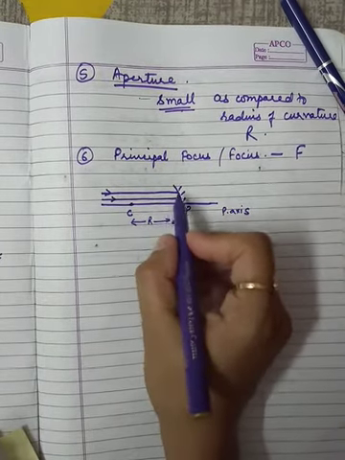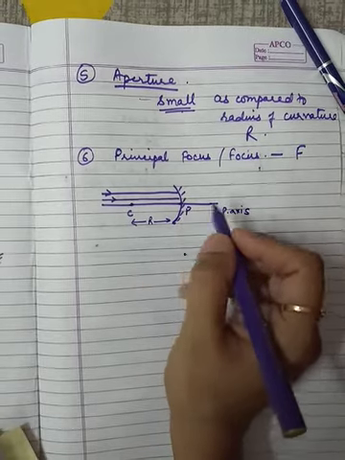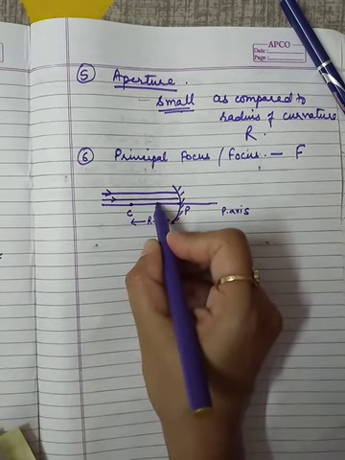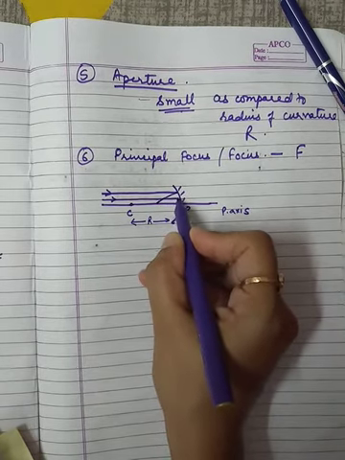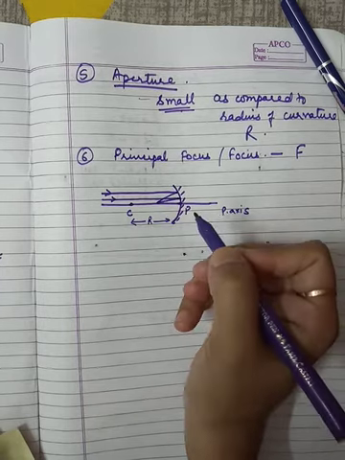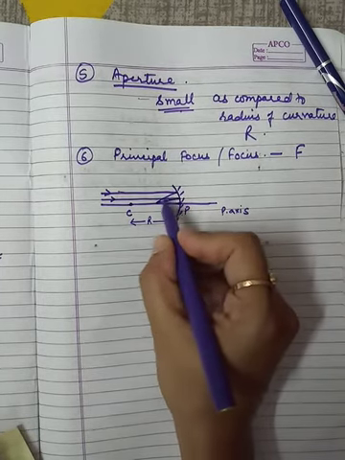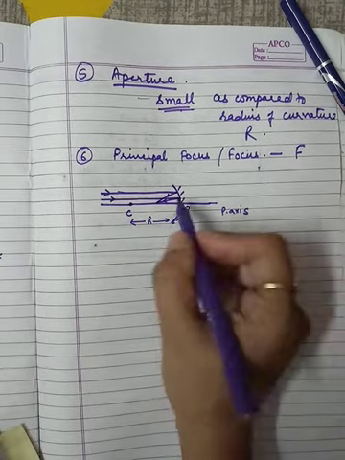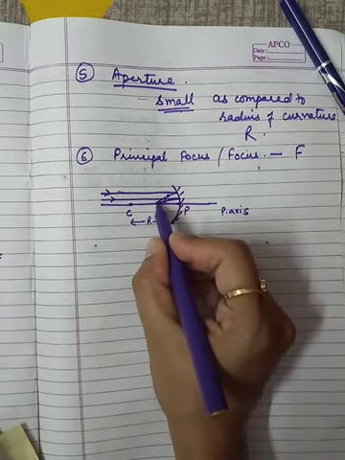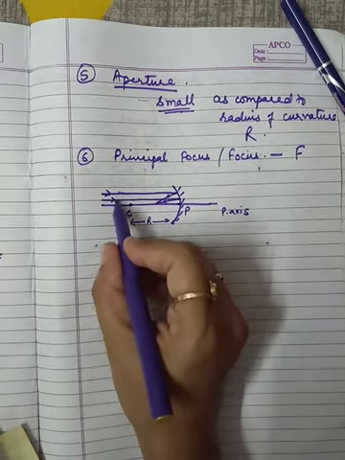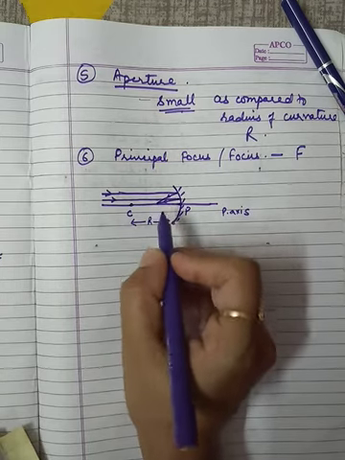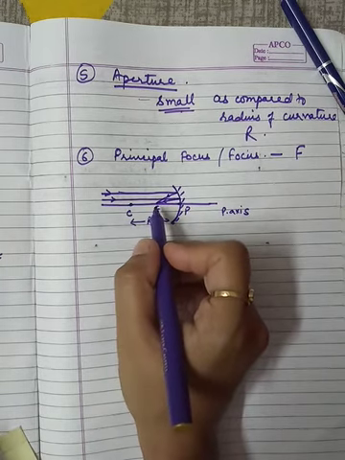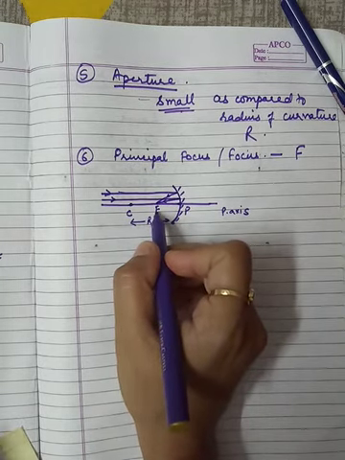Converge means they come together, so they will come together at this point after reflection. This line is reflected to the focus, and this line is also reflected to the focus. The point where both these lines meet is called the principal focus.